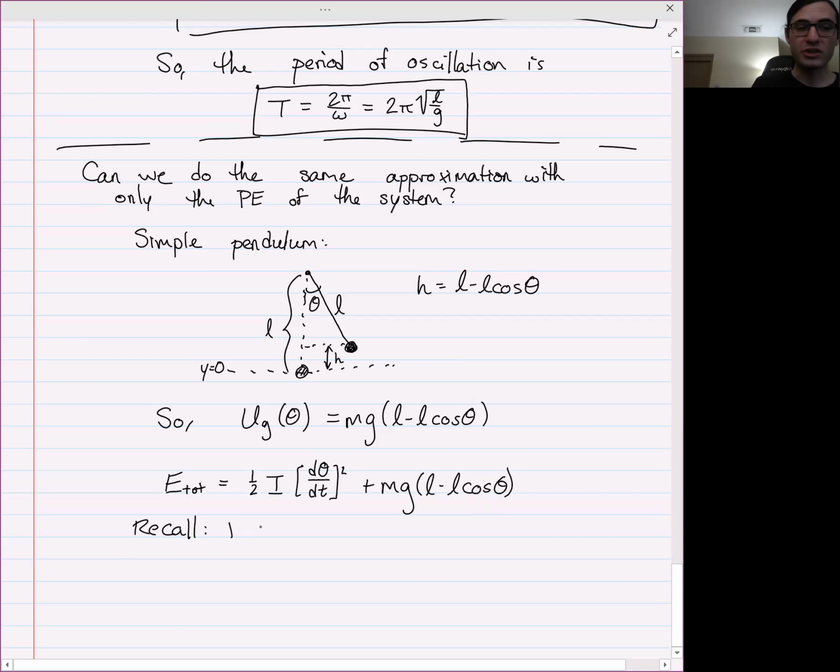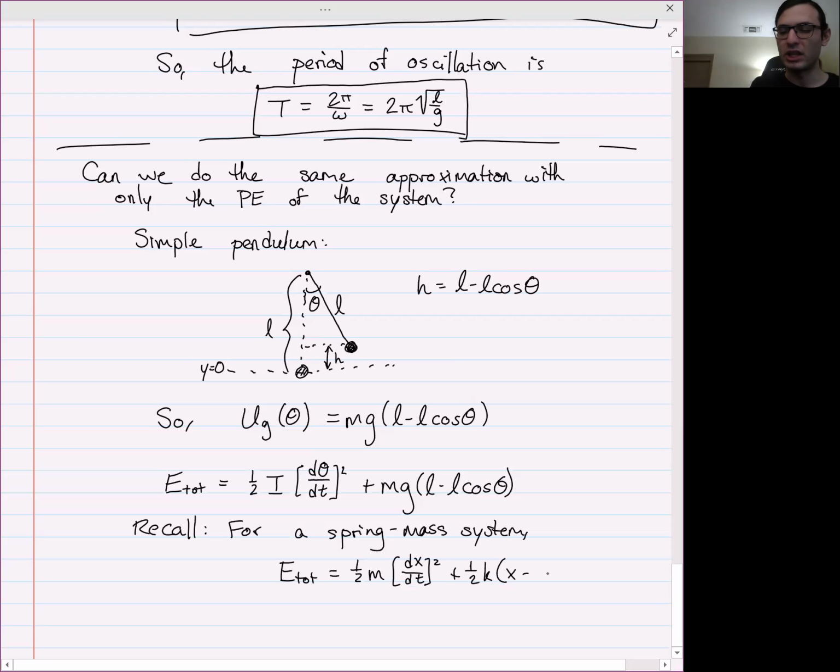Just as a quick reminder, for the spring mass, the total energy is 1/2 times m, the mass, times the derivative of the position, which is just the velocity, squared, plus 1/2 times k times x minus the equilibrium position squared, right?